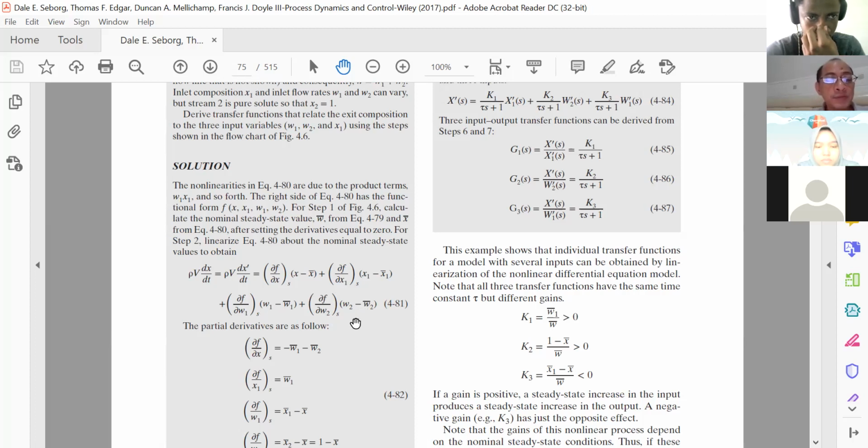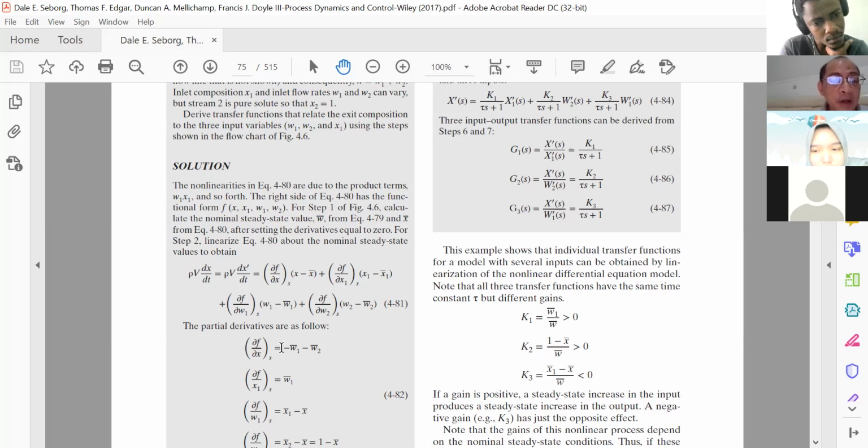So there are two functions. And then the partial derivative at steady state, you have to derive that, so it will be minus w1 and minus w2. Can you see why you have this function? Sorry, this is a constant.